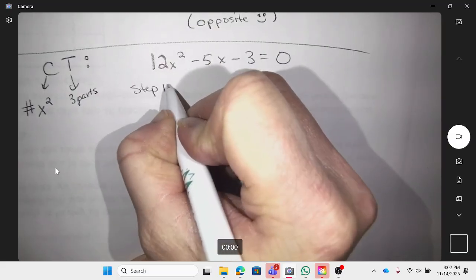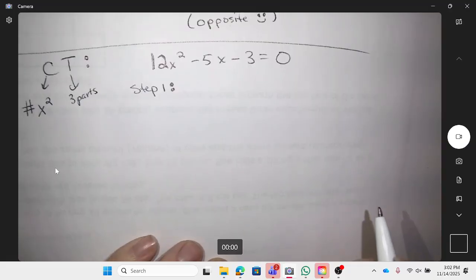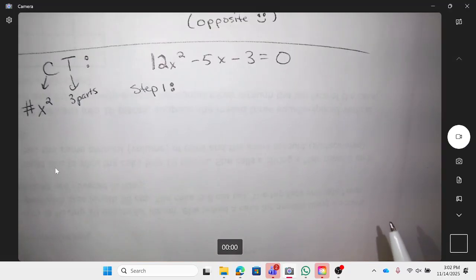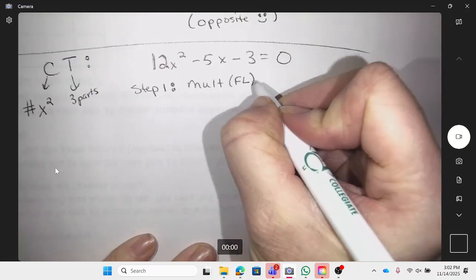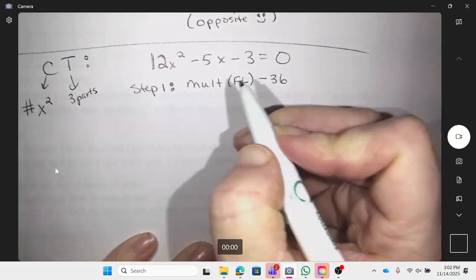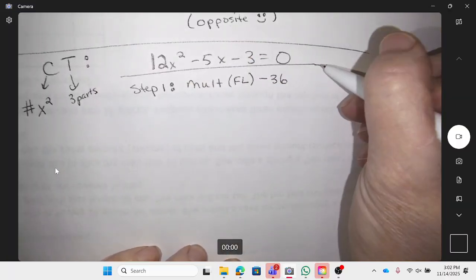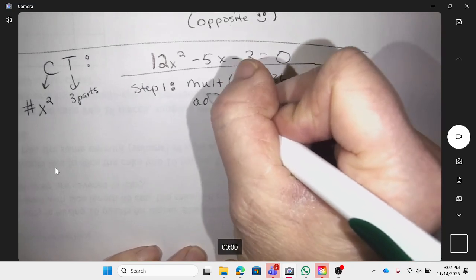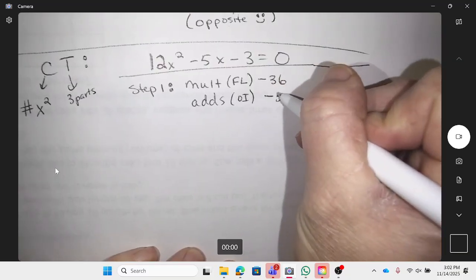Step 1: multiplies to negative 36, adds to negative 5.